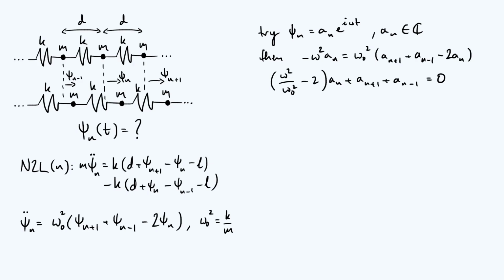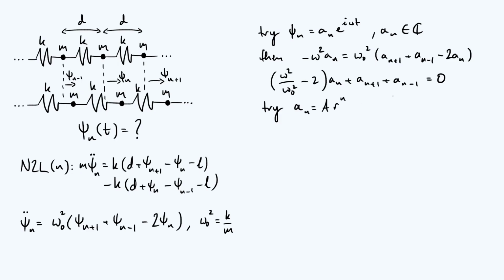My solution is going to involve also a bit of guesswork, but I'm going to try to be as careful as possible in talking you through the logic here. And what I want to do is use what's called the characteristic polynomial method of solving recurrence relations, which is basically where you try a solution of the form a n is proportional to some number r to the n.